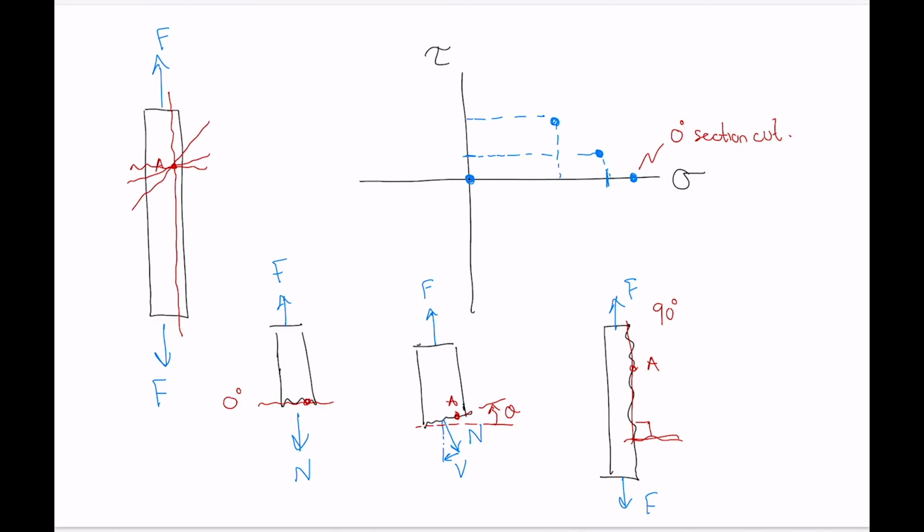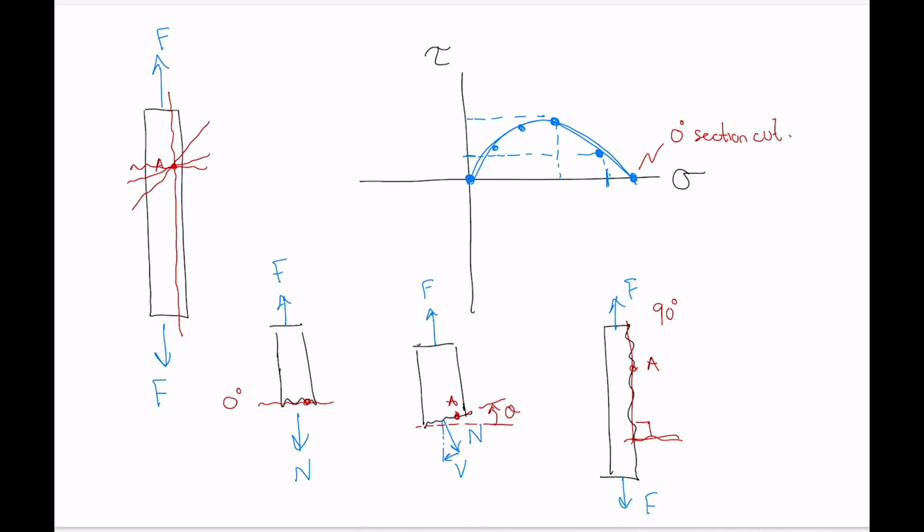And if you calculate those for multiple different angles of section cuts, what you get is a curve that looks like this, that follows a circle. This should be passing through all those points, but you get a semicircle.